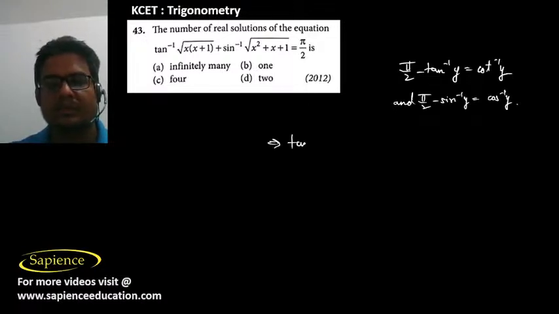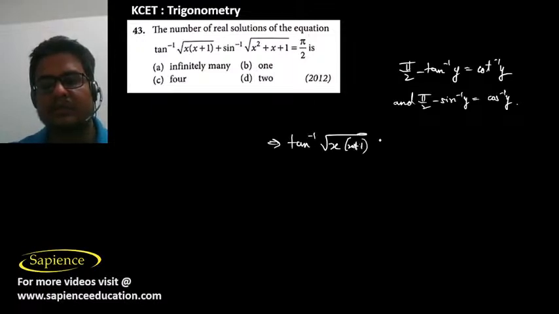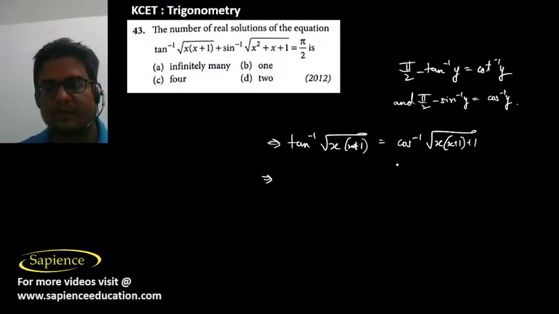So therefore we can say that this is tan inverse of x into (x plus 1), that is equal to pi by 2 minus sin inverse, so this is cos inverse of root over x into (x plus 1) plus 1.